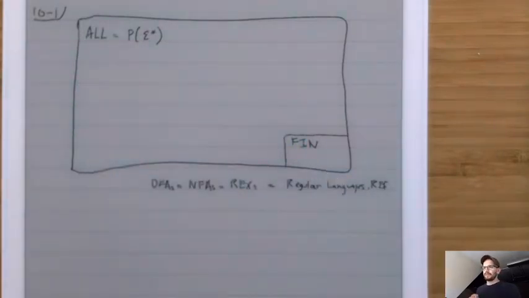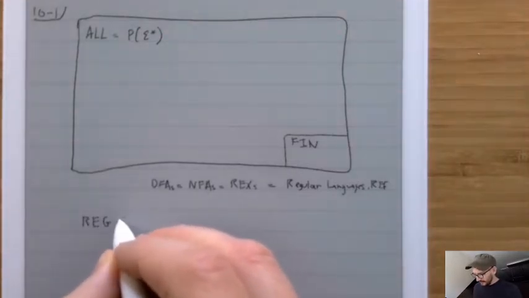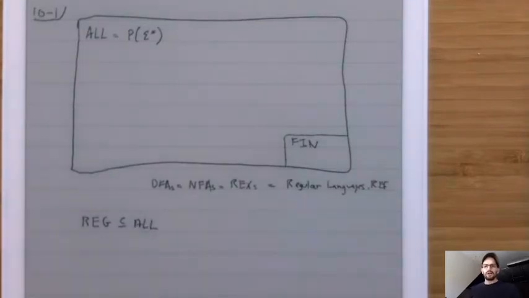Well, here are some things that we definitely know. We definitely know that reg is a subset of all. Why do we know that? We know that because all is, by definition, all possible subsets. Reg is some subset, therefore it must be inside of it. So that's kind of trivial.